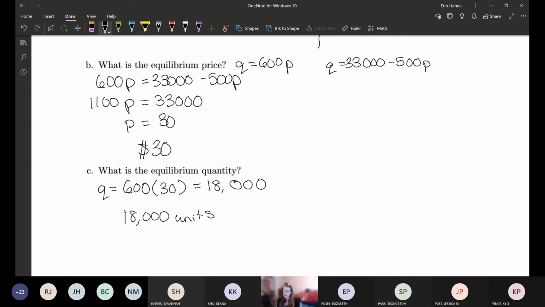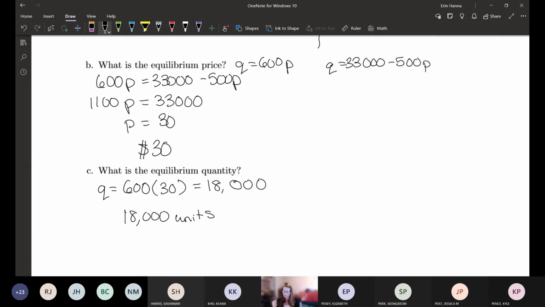So essentially the best case scenario is to make these things cost $30 and you'll be able to sell 18,000 of them, assuming that everyone who said they were going to demand them actually goes out and buys one. That's the point of the equilibrium point. It's the best case scenario because you won't have any things left over, and you won't have people who want one but can't get one. It's the best of both worlds.